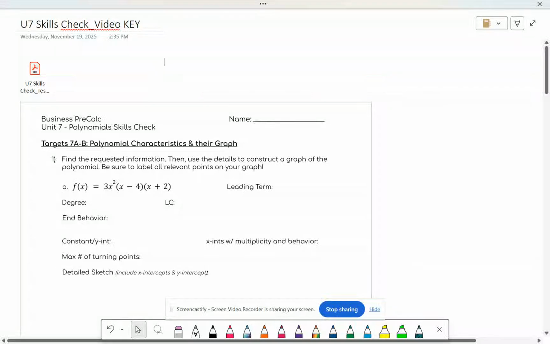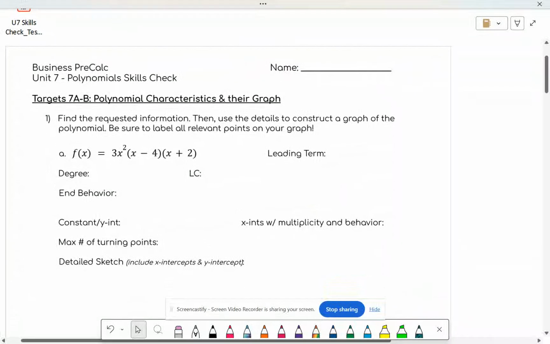Okay, for target 7A, the main thing we need to remember is that the leading term is going to tell you a lot about what the graph looks like. For the leading term, I'm going to take the first bit of everything with an x and the exponent. If there was an exponent, I would use it. There isn't.